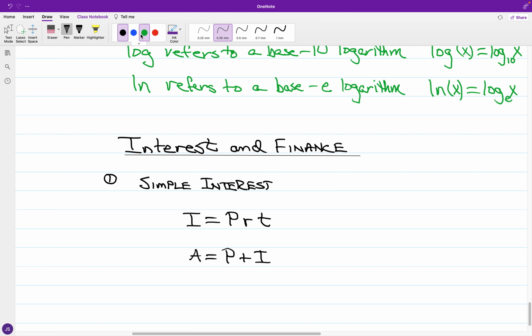Now one might ask, what do the letters represent? The letter I is going to be the amount of interest.